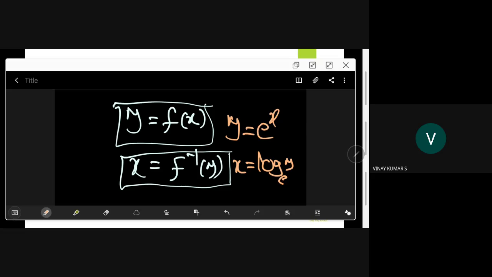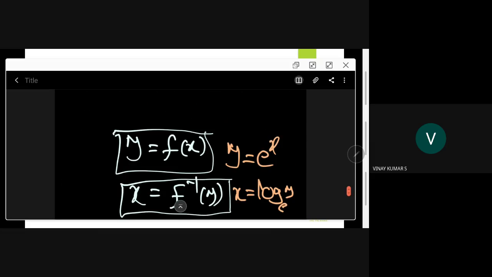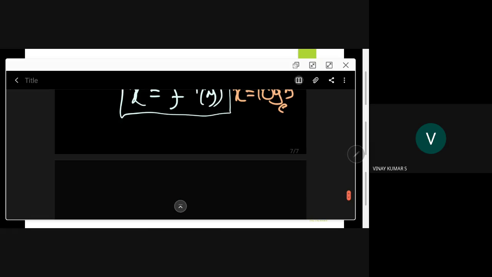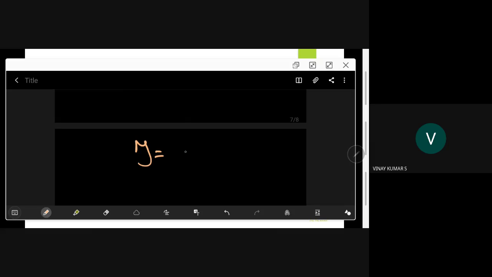Similarly, we have taken 2x plus 1. So y is equal to 2x plus 1, and then you can easily see that x is equal to half into y minus 1.